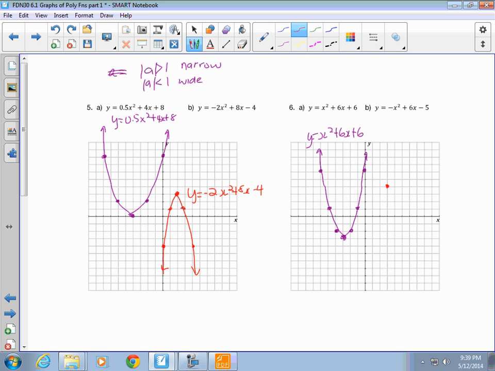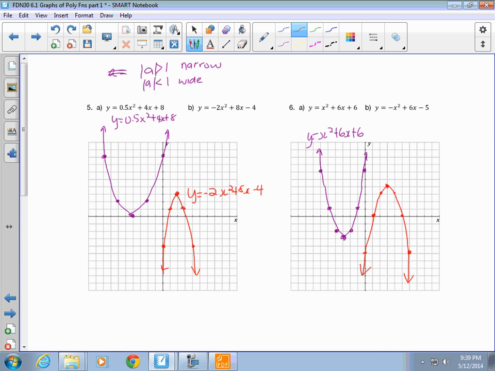So there's your vertex, and then it's just over 1 down 1, over 2 down 4, and then 3 and 9. So then your graph looks something like that.